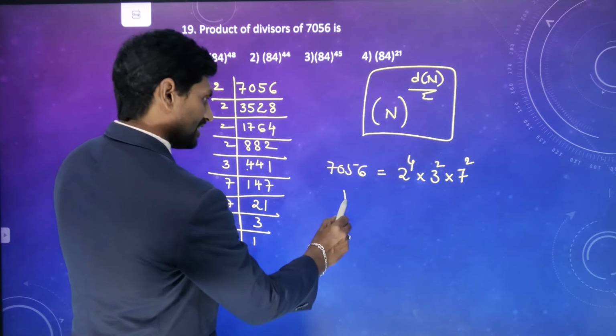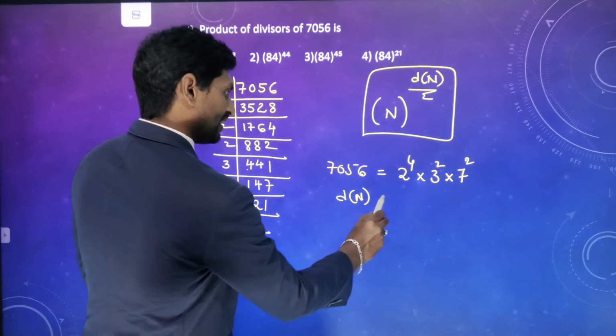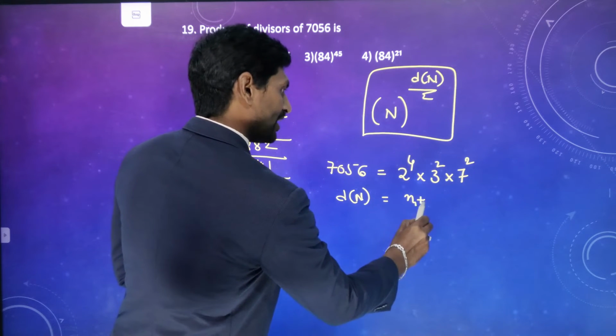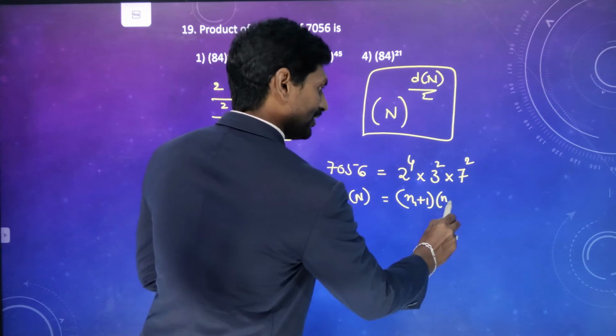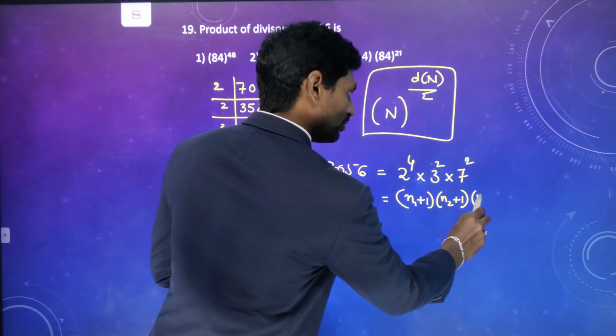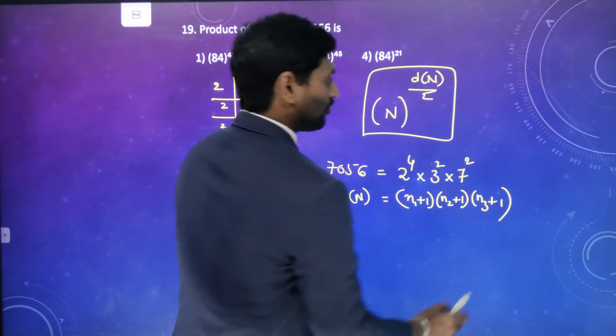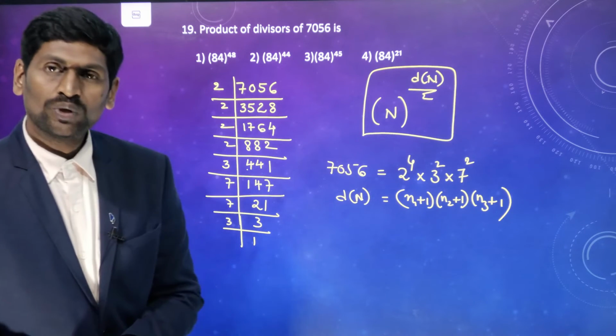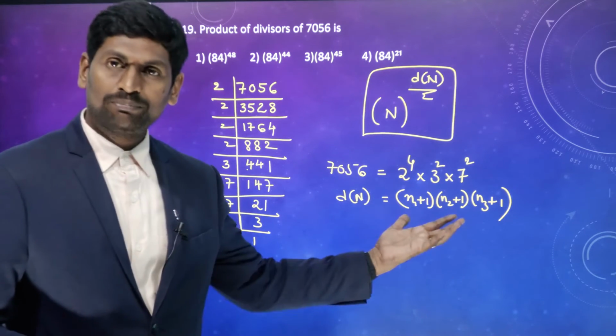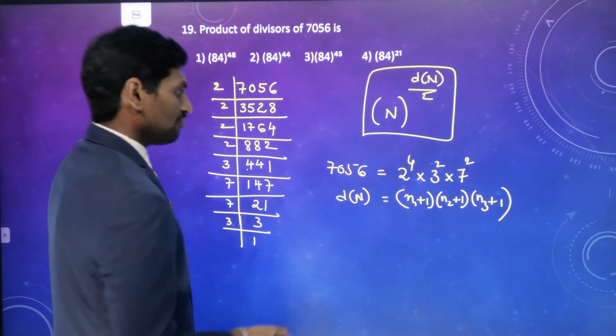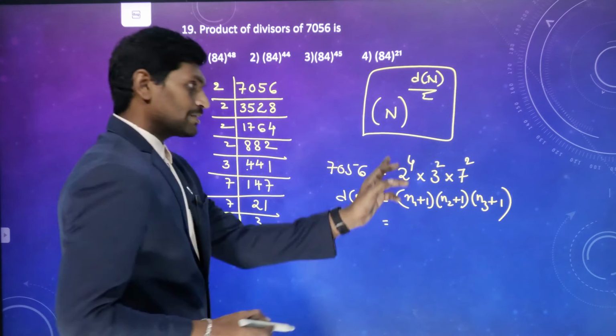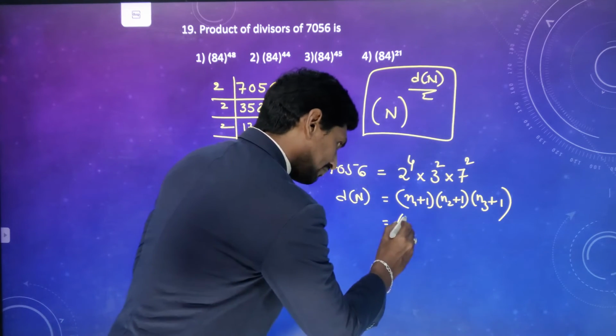Now number of divisors, by taking n1 plus 1 into n2 plus 1 into n3 plus 1. This is the formula, and n1, n2, n3 are exponents of prime numbers respectively. Now first prime number 2, its exponent is 4, so we should write 4 plus 1.